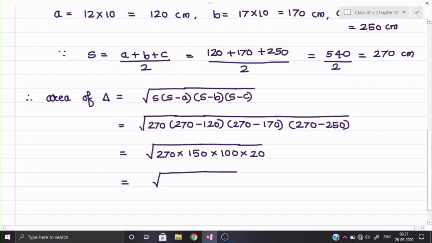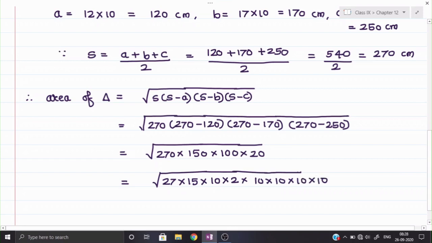Now see, each and every term is a multiple of 10. So I will separate the 10 from each term. I will write it like this: 27 into 15 into 10 into 2, and the zeros that I have separated I am writing outside as 10 into 10 into 10 into 10.